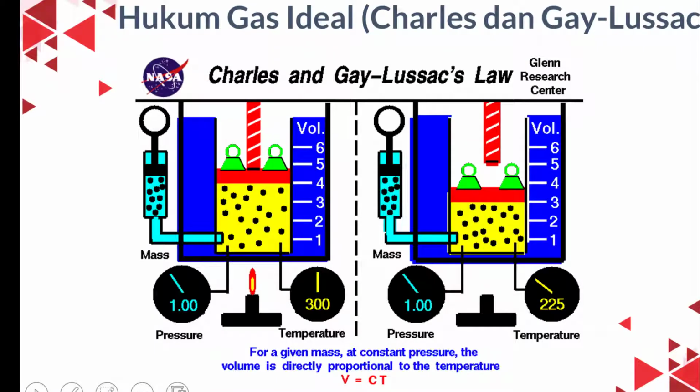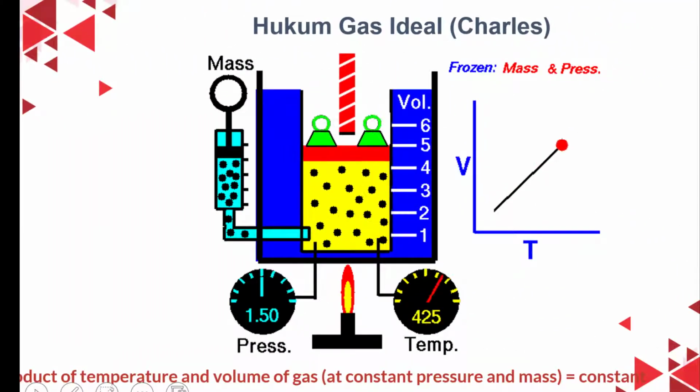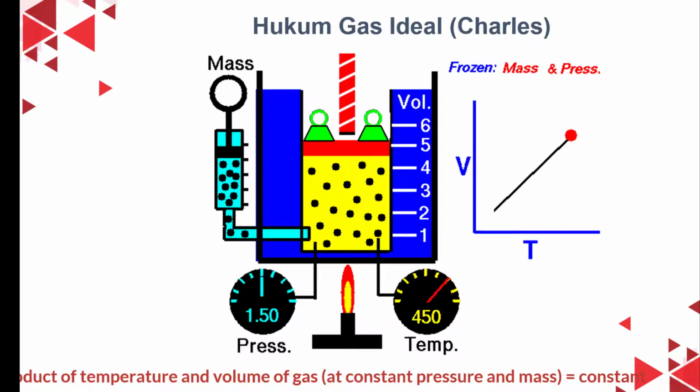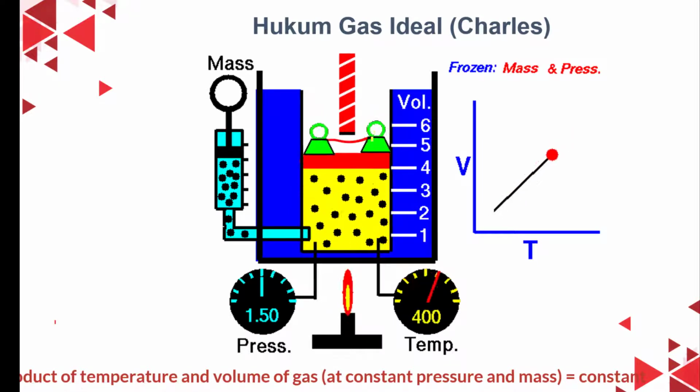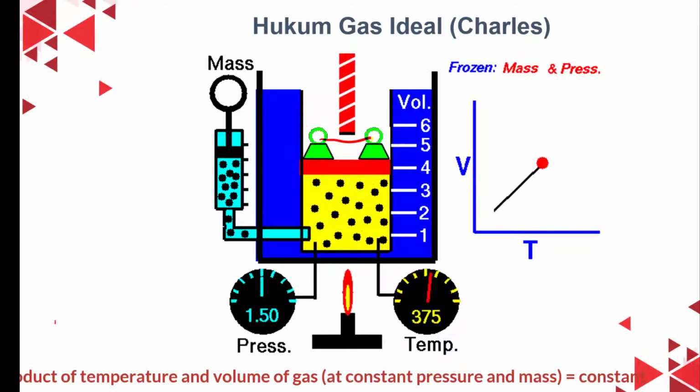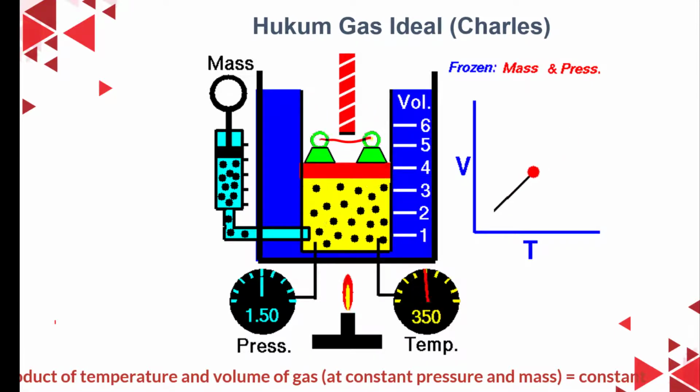Next is the Charles and Gay-Lussac law of gas. Charles and Gay-Lussac made a simple experiment to show the relation between volume and temperature. Here you can see that in the first picture, when we increase the temperature with the burning system, the volume increases.